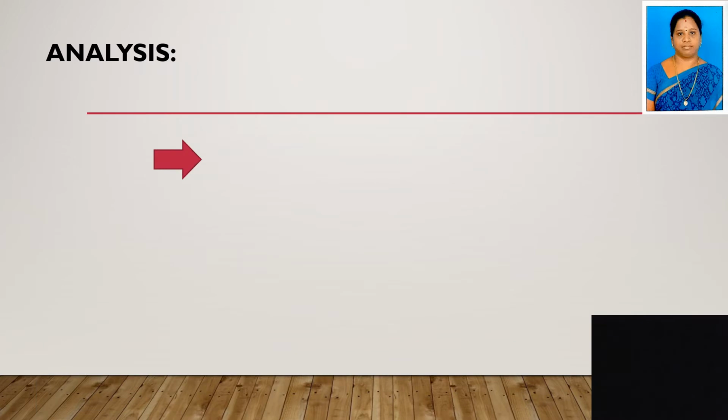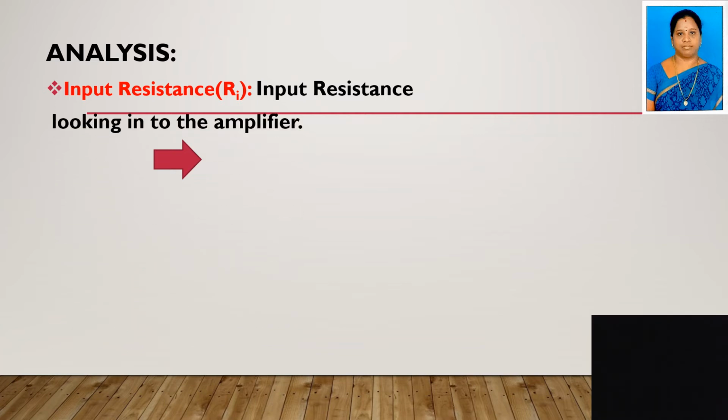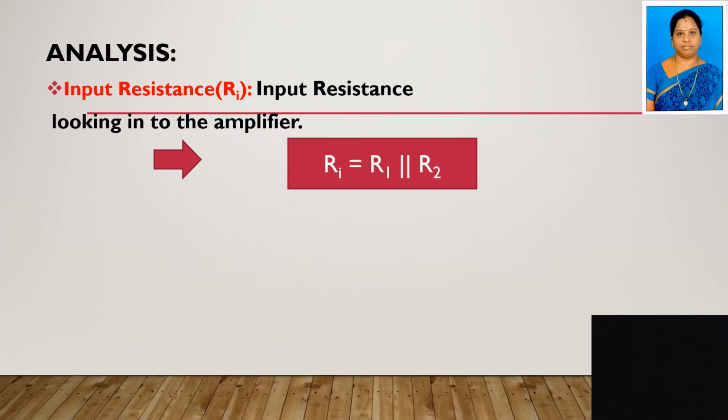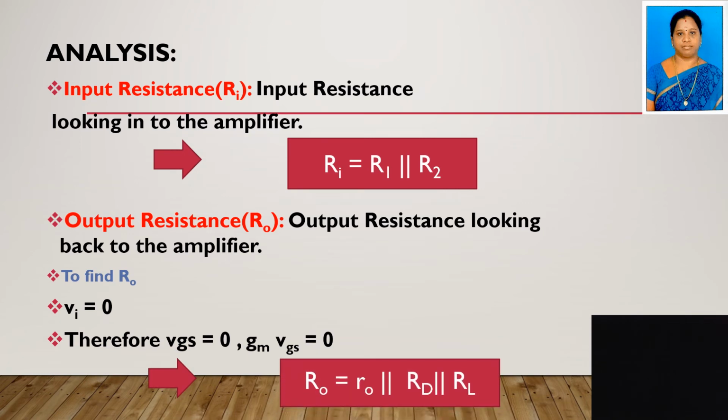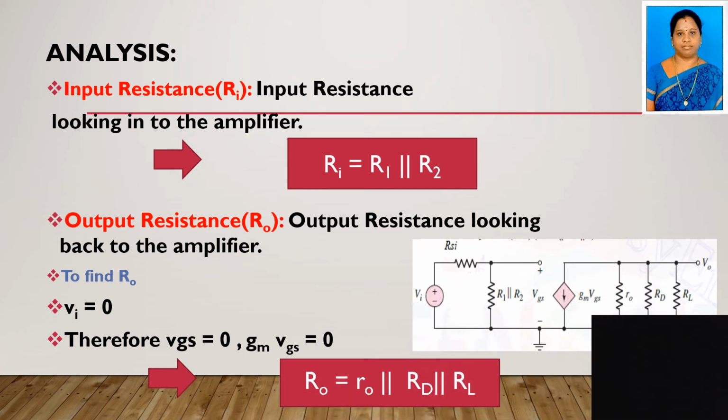Okay. So for the analysis, first we are going to calculate the input resistance Ri. What is input resistance? This is the resistance looking into the amplifier. So if you are looking into the amplifier, first of all you have to know the equivalent diagram.